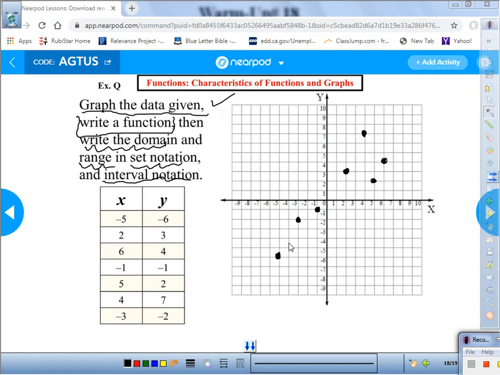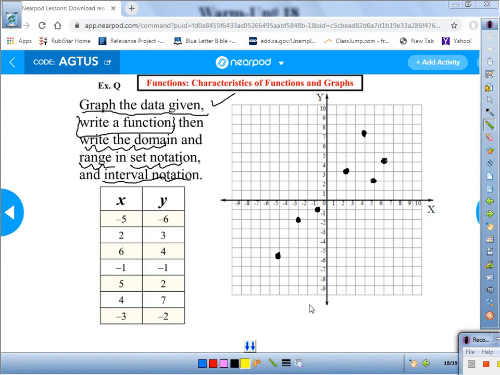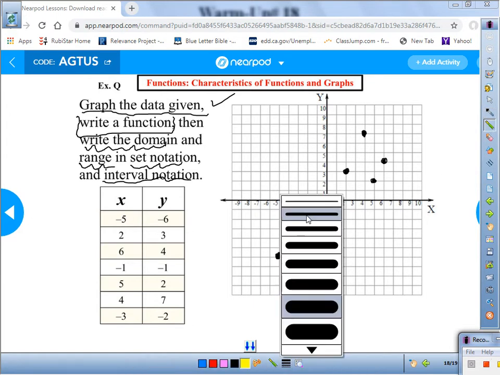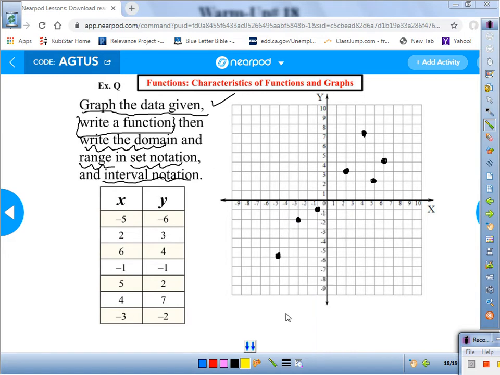Remember what we did for domain? We highlighted all up and down, all the way through to make sure we got the whole thing. So get your first highlighter. And I'm going to highlight beginning at this point. All the way up.